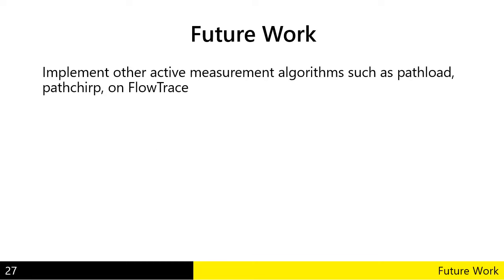As part of our future work, we want to implement other measurement algorithms proposed in prior literature, such as PathLoad and PathChirp, in FlowTrace, and see how they fare against their original implementations.